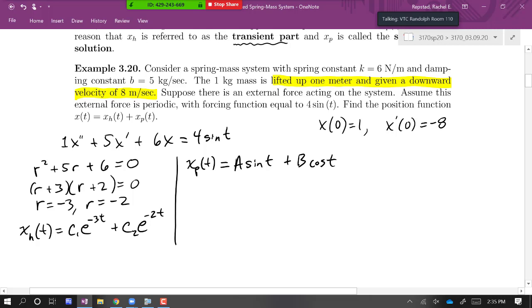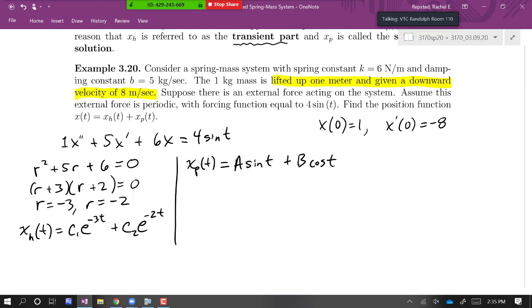So now we want to figure out what A and B are. What's our general approach there? Partial fractions? Sometimes that ends up being used, but undetermined coefficients is usually what we've been doing.